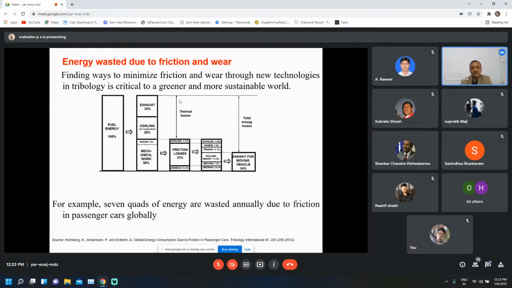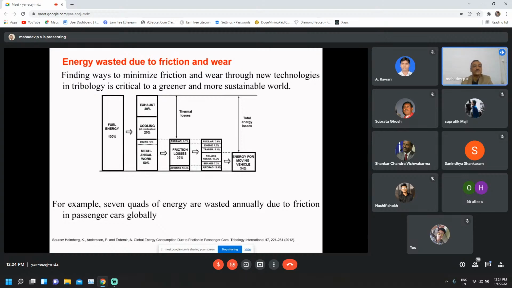From this, thermal losses for this much, and frictional losses around 33%, air drag 13.4%, and auxiliary 3.1%. So finally, this much will be the total energy loss. Only 34% of the energy is used for moving the vehicle as power.